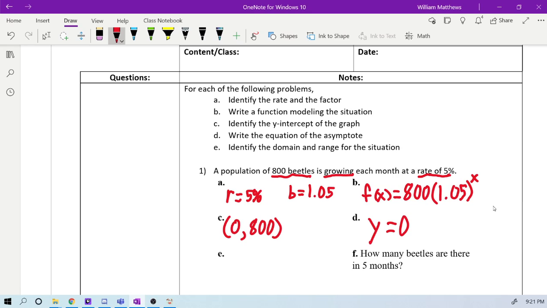E wants us to identify the domain and range. In this case, our domain is all real numbers. There's nothing that is limiting what our domain can be.